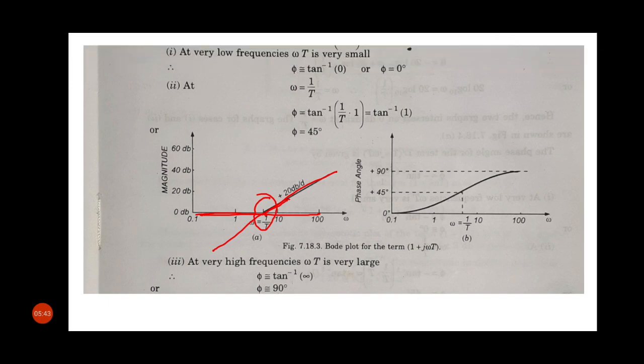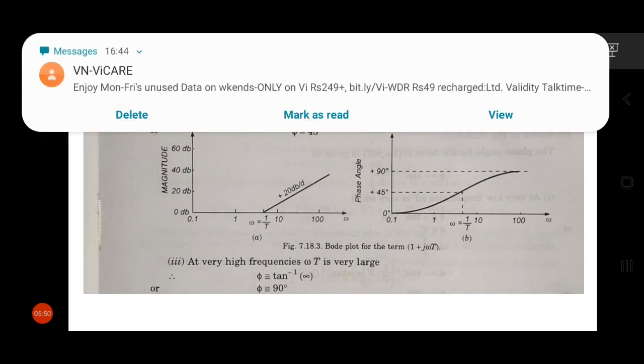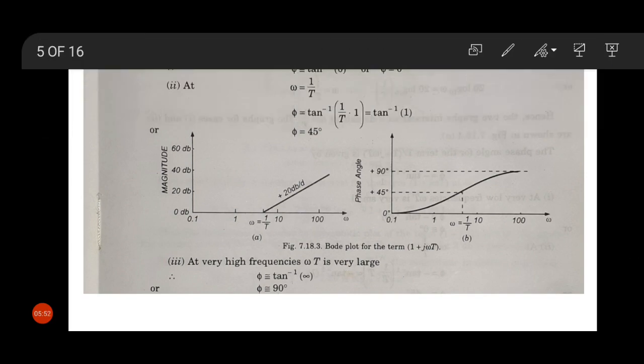Okay, clear? Hence the two graphs intersect on the 0 dB axis at omega equal to 1 by t. Okay, so the graphs for case 1 and 2 are shown in figure 7.18.3a.